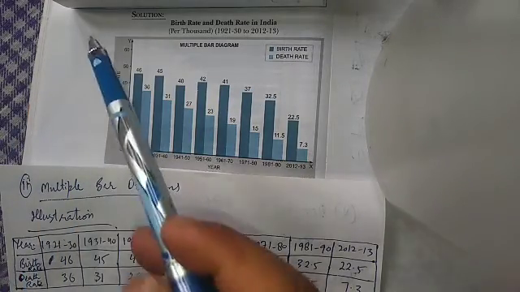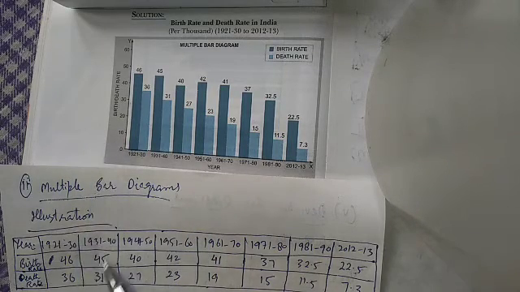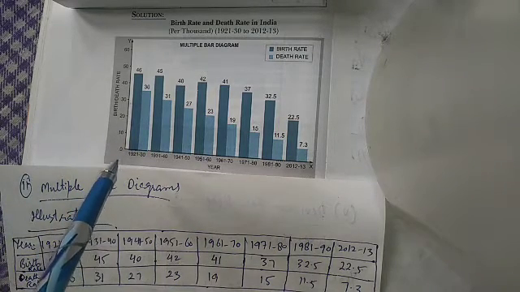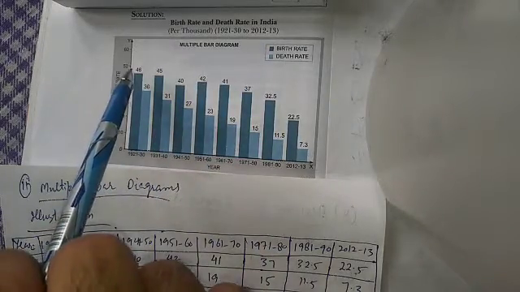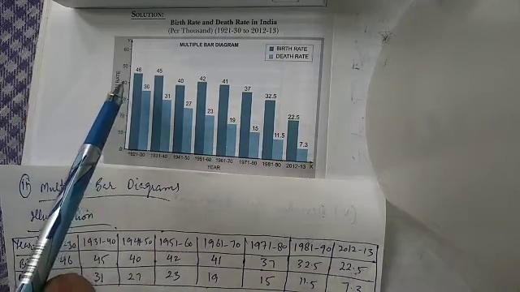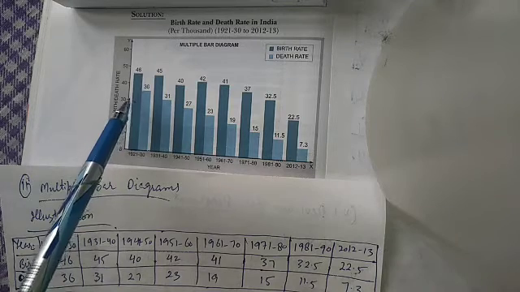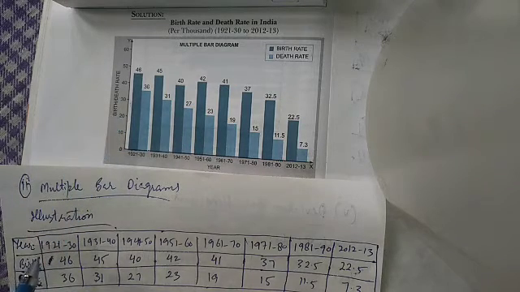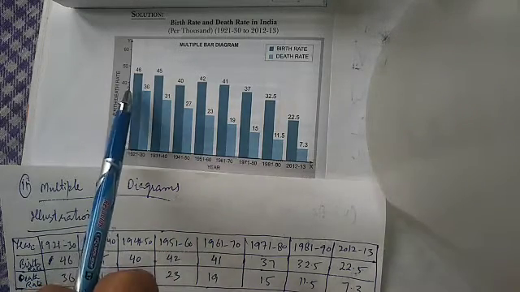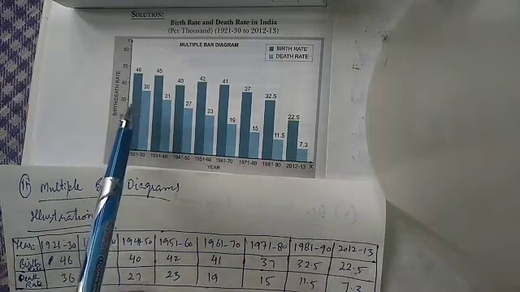Now you see, the y-axis shows the birth and death rates and the x-axis shows the year. In 1921 to 30, the birth rate is 46 per thousand and death rate is 36. So this is the multiple bar diagram, right? Shown with different colors. Here the birth rate shows this 46, this color, and death rate shows this color, 36.